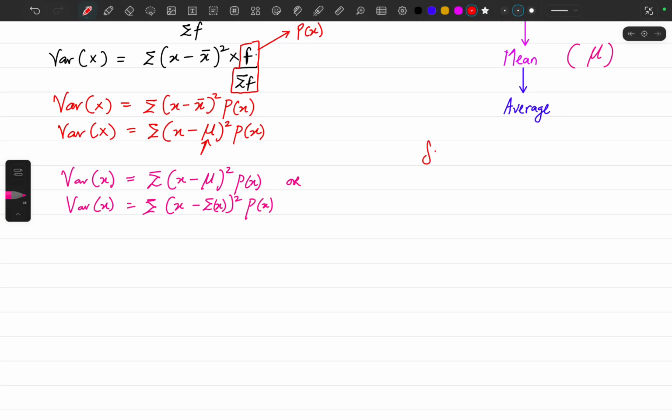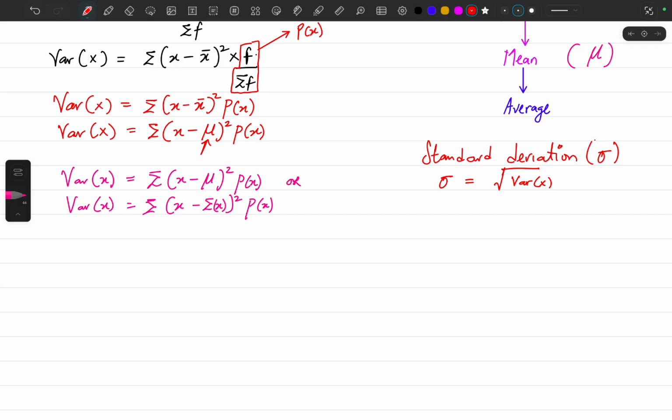Take note that the standard deviation is represented by this symbol here. The standard deviation is definitely the square root of the variance. So the standard deviation equals the square root of the variance of x.